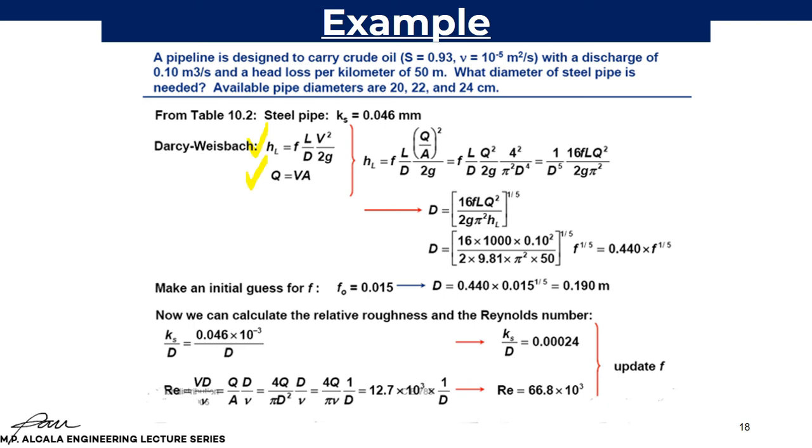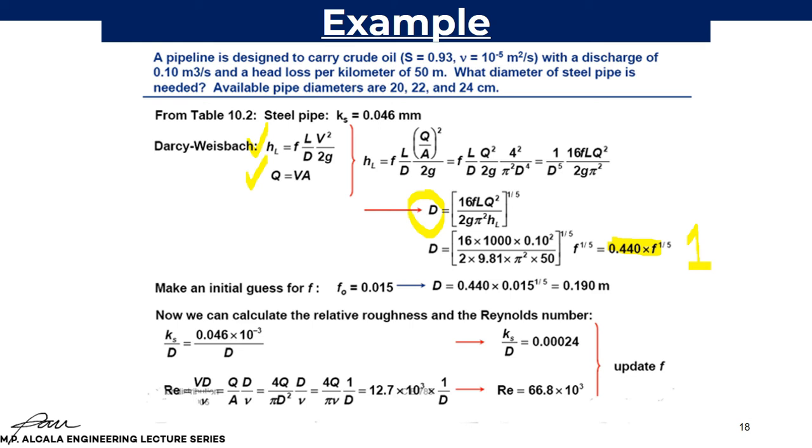So solving further, we simply solve for the diameter. Arrange the terms, so the diameter will be a function of the friction factor. That will be D is equal to 0.440 times F to the 1/5. Make an initial guess for F. So this is a safe assumption, right?